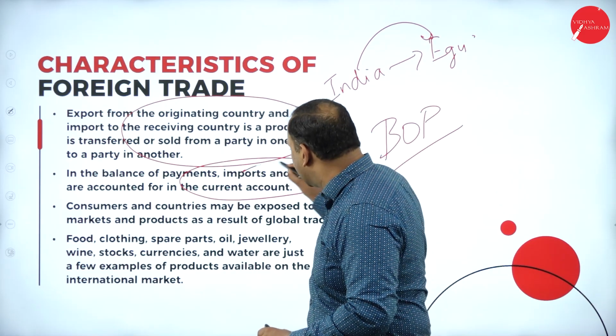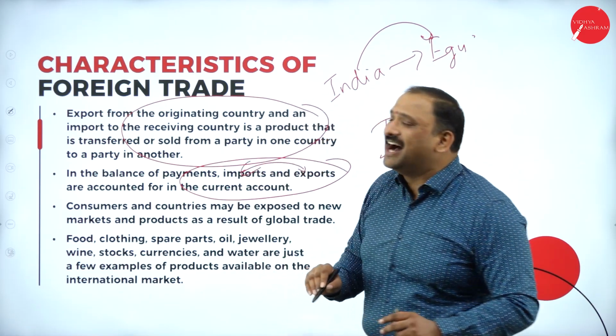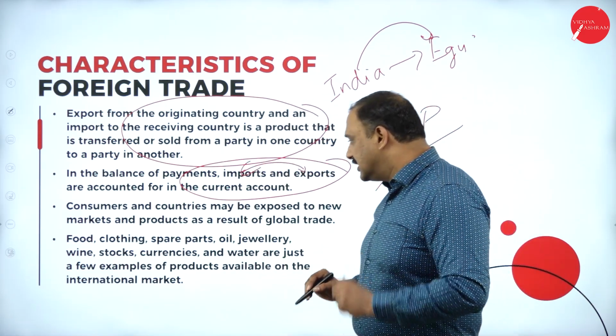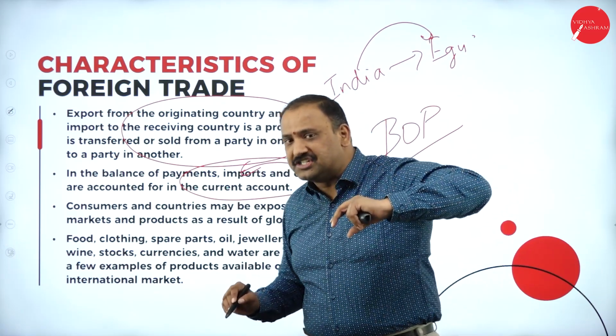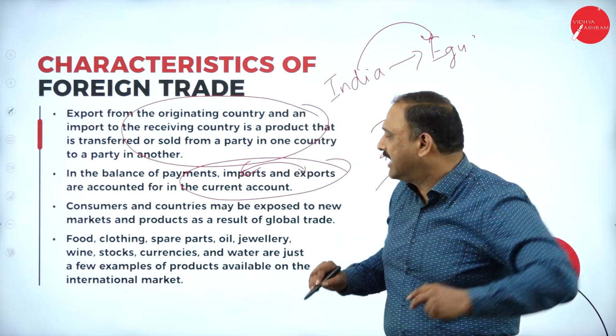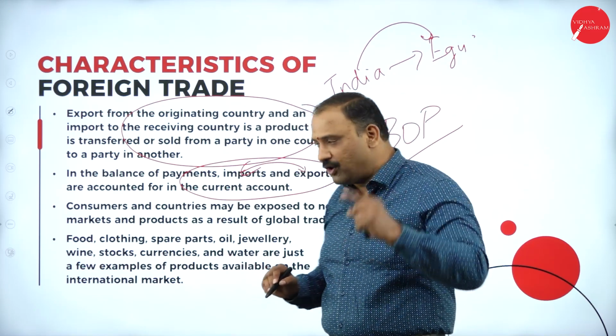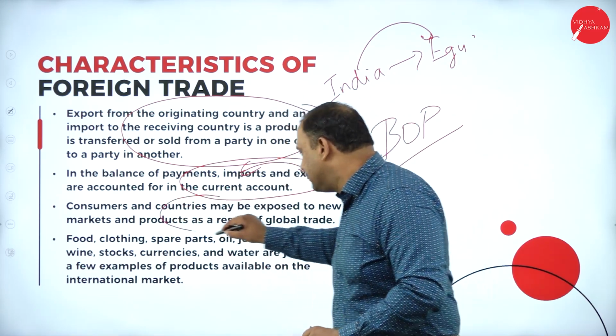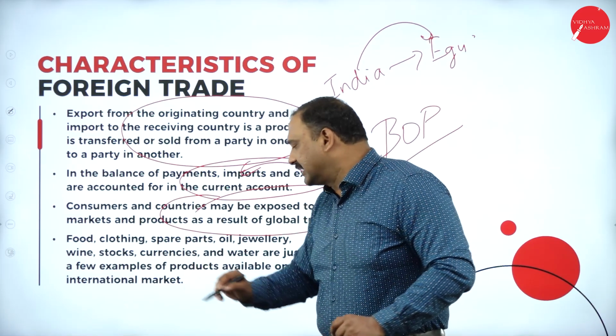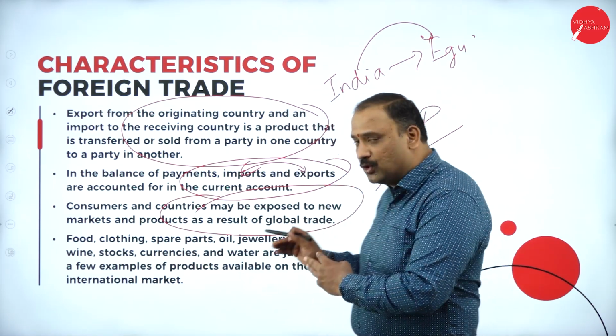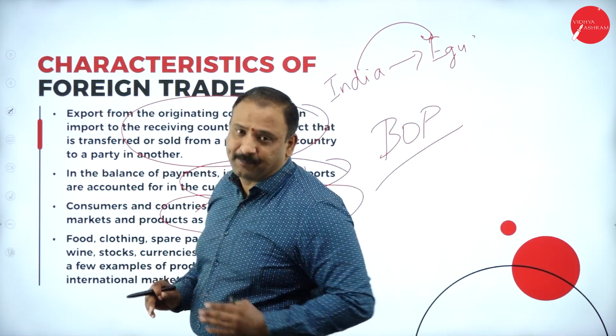So the imports and exports will get adjusted altogether. That is where you need to understand how we are trying to make the balance factor here. Followed by consumers in countries may be exposed to the new markets and products as a result of global trade. Now, this is very, very important.